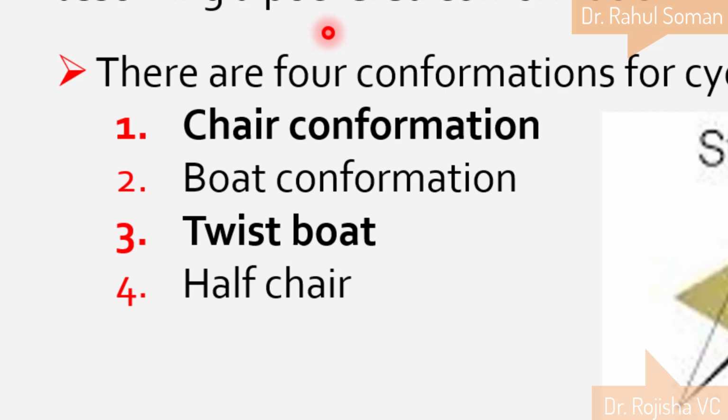In the chair conformation, the cyclohexane molecule achieves tetrahedral geometry at all carbons. That is why it is called the chair form. It just looks like a chair. We can have a headrest and a footrest portion. It almost resembles the seat of a chair.